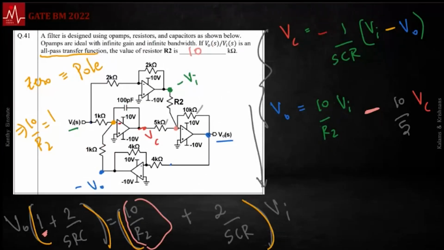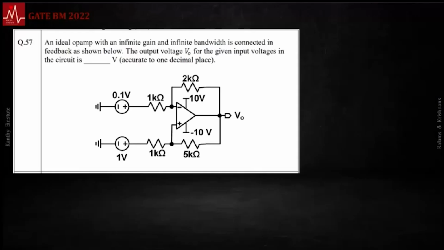Now comes this question: the positive feedback loop. Ideal op amp with an infinite gain. Ideal op amp. Okay, infinite. What happens to a non-ideal op amp? Okay, let's not really complicate it. Whatever I discussed till now, if you know that, that's fine. So notice the loop is going to the positive input.